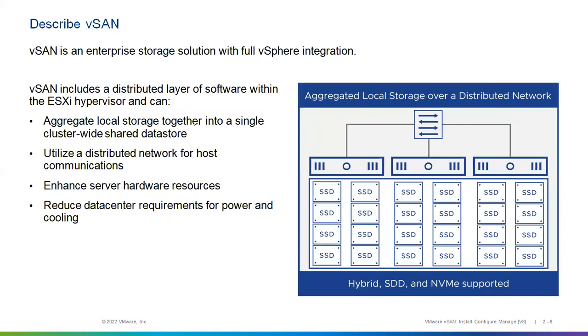So what is vSAN, what would be the smallest definition? It's aggregated storage from different hypervisors, that is my ESXi devices, used to build an enterprise storage solution. And it has full integration with my vSphere. vSphere is just a feature set that we get from ESXi or vCenter. So vSAN includes a distributed layer of software, and this software is the vSAN capability itself. It is inbuilt in my ESXi hypervisor.